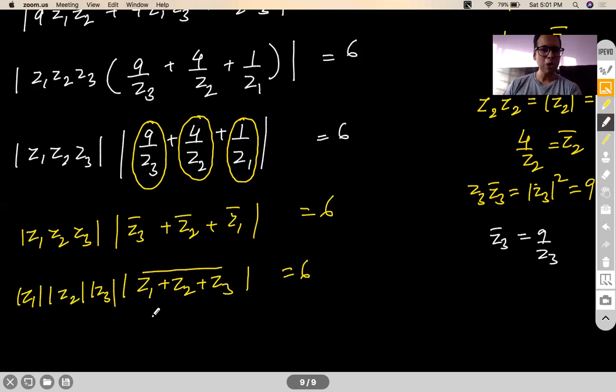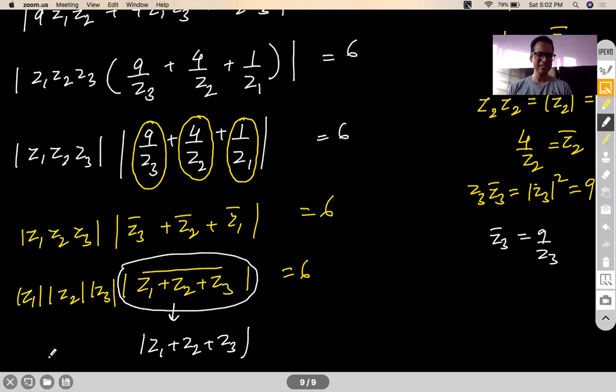Now, you all know the conjugate property that this will be the same as mod of Z1 plus Z2 plus Z3, right? The property where I said the modulus of a complex number and its conjugate are the same because they're equidistant from the origin. So the modulus of Z1 plus Z2 plus Z3 will be the same as the modulus of its conjugate. So I'm replacing this guy with this. And this is something which we already know, 1, 2, 3.